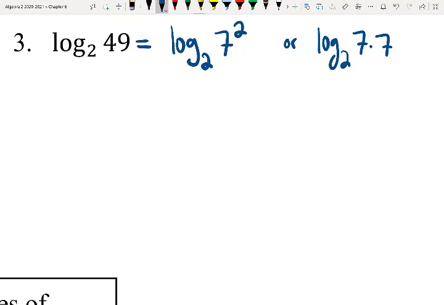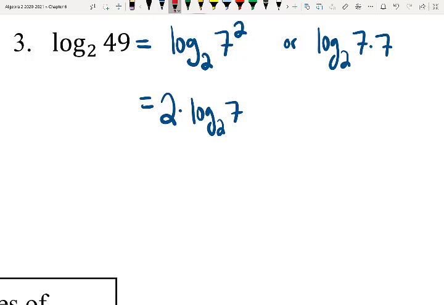So that's over in box 1, the very last one. Power rule tells me that if I have something inside my log being raised to an exponent power, I can take that exponent and just bring it out in front. I'm just multiplying by that exponent instead. So instead of having log base 2 of 7 squared, I could have this as 2 times log base 2 of 7.